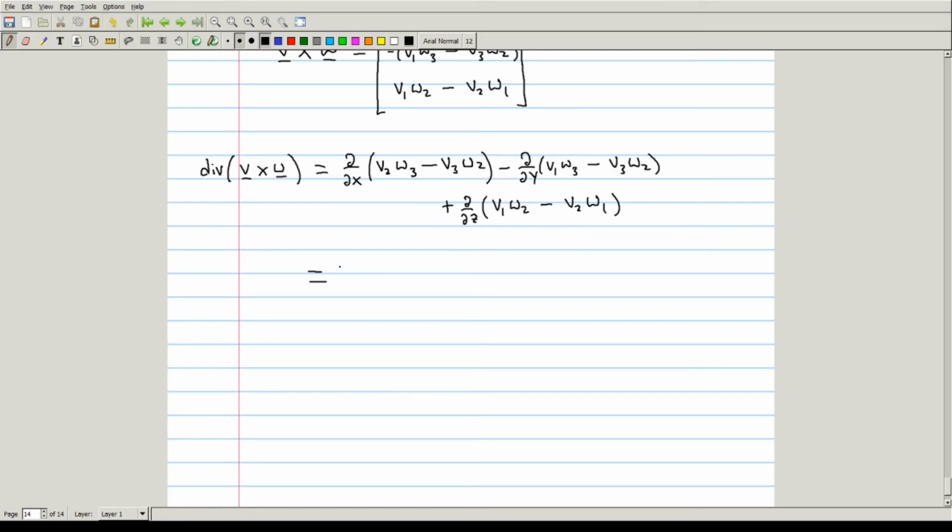For instance, this first term will be dv2 dx times w3 plus v2 times dw3 dx, minus dv3 dx times w2 minus v3 times dw2 dx.